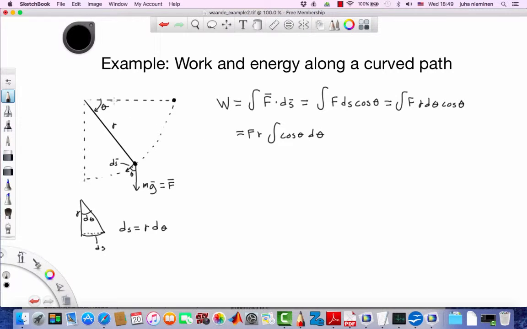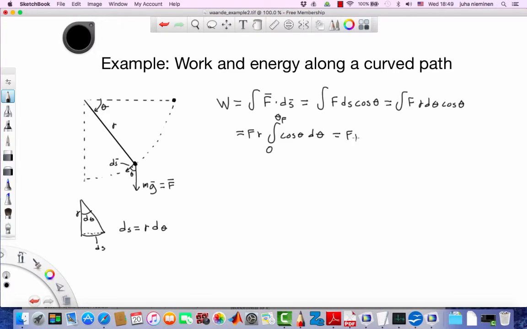And we integrate from the initial position where theta is 0 to the final position, let's just call it arbitrarily theta final for now.